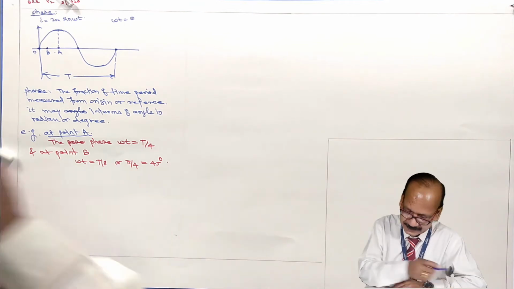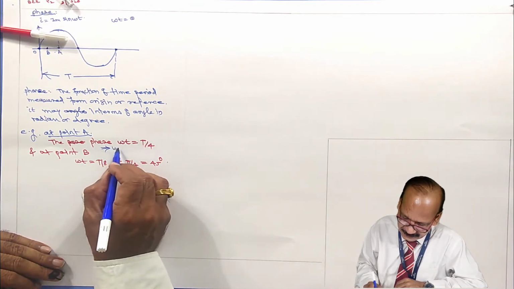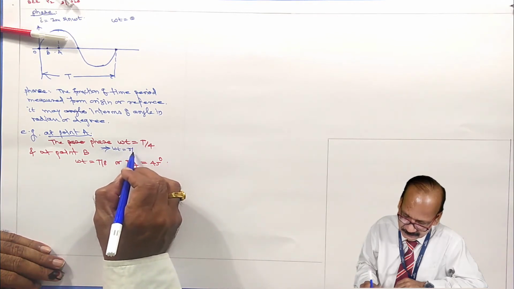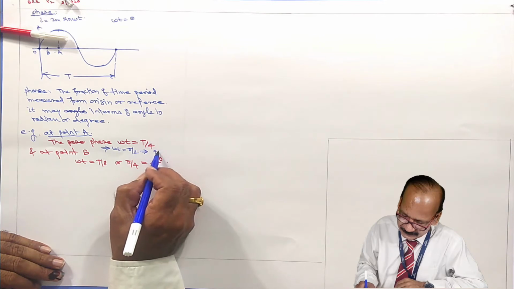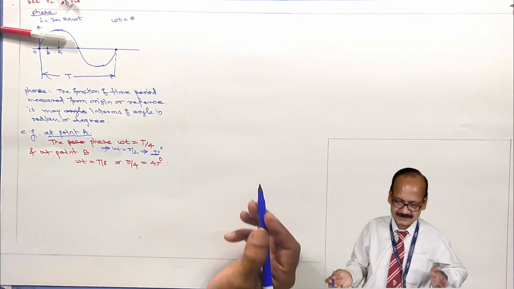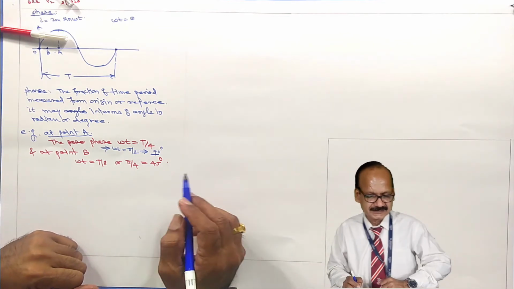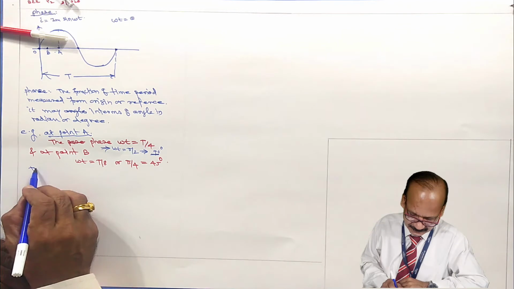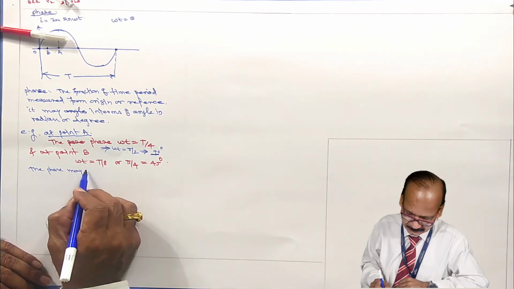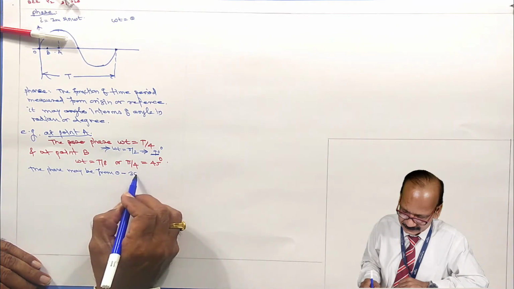And for this, it will be omega t equal to pi by 2 equal to 90 degree electrical. So the phase may be from 0 to 360 degree.